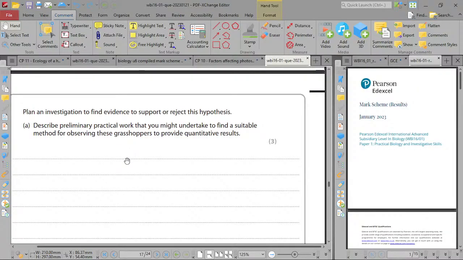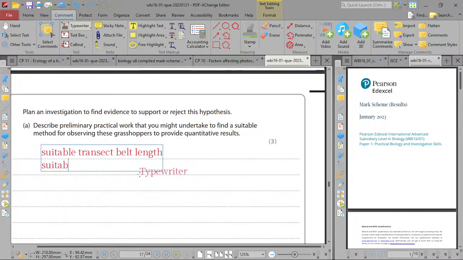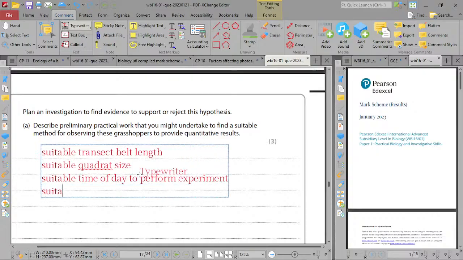My guess is suitable transect belt length, suitable quadrat size, suitable time of day to perform the experiment, suitable area to perform the experiment.